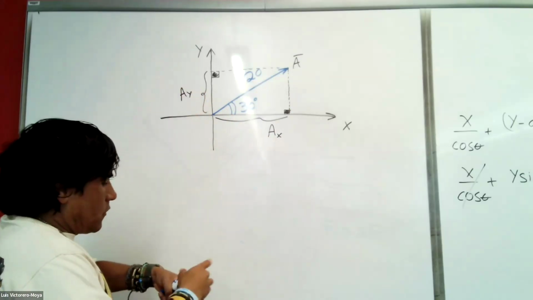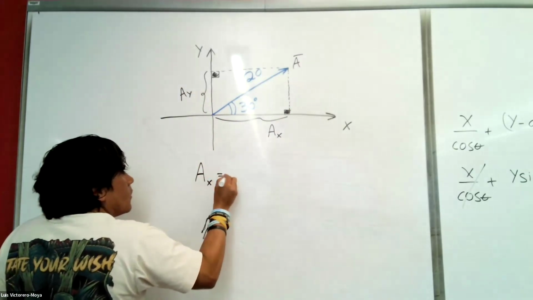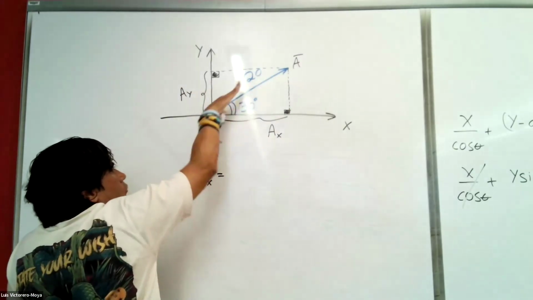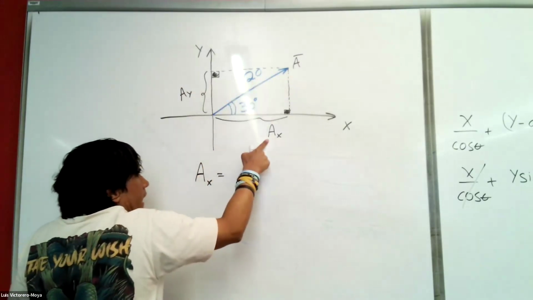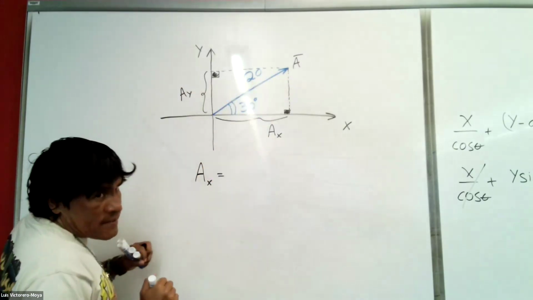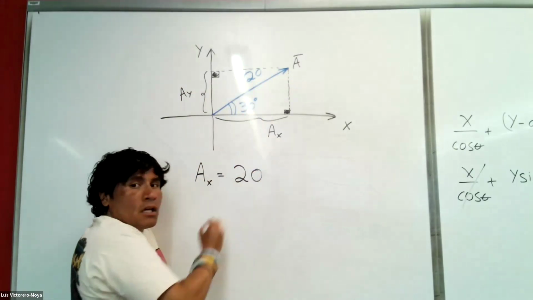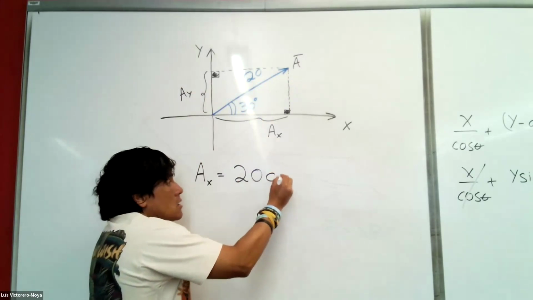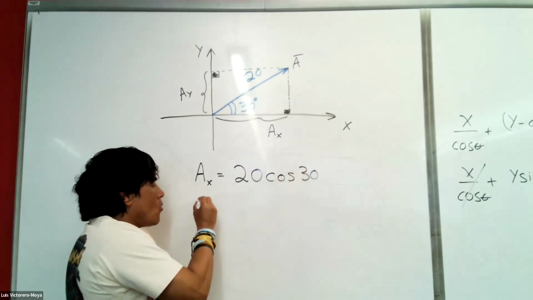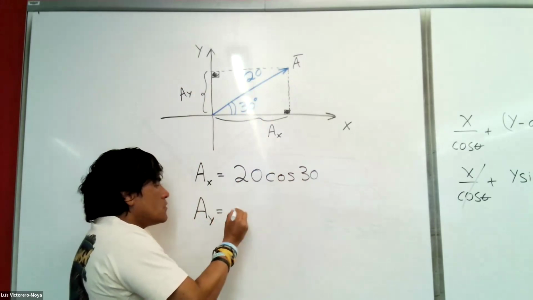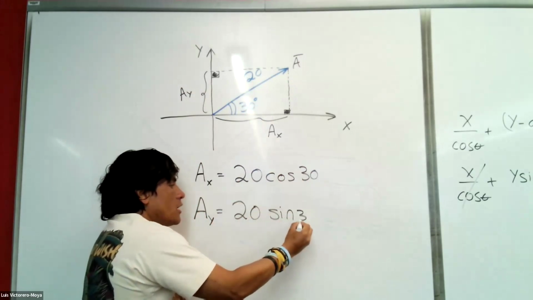So AX, for this triangle here, 20 is the hypotenuse, and AX for 30 is the adjacent. So it would be 20 cosine 30. And AY is 20 sine 30.